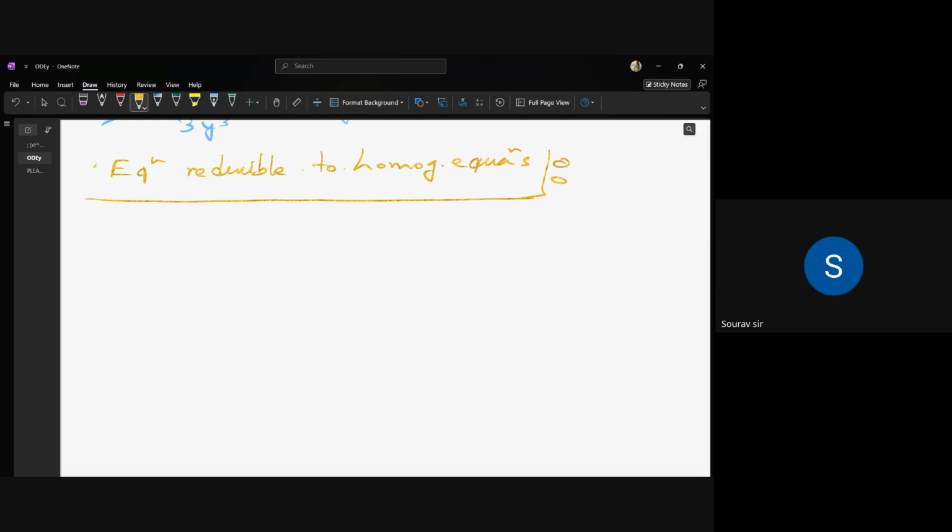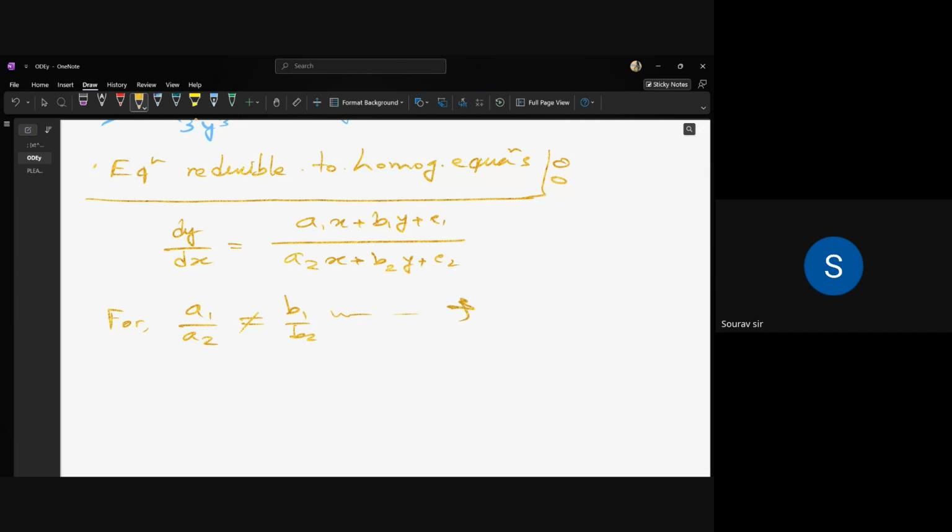To solve an equation basically looking like dy/dx equals (a1x plus b1y plus c1) by (a2x plus b2y plus c2), for a1/a2 not equal to b1/b2 we have a method to solve.